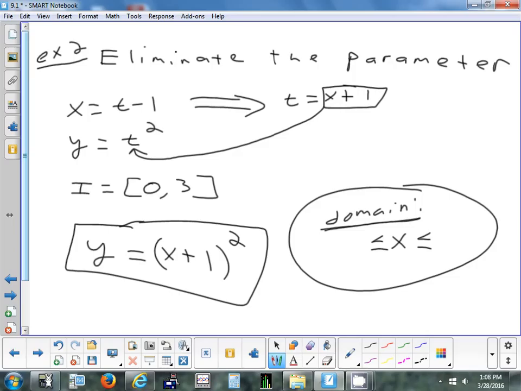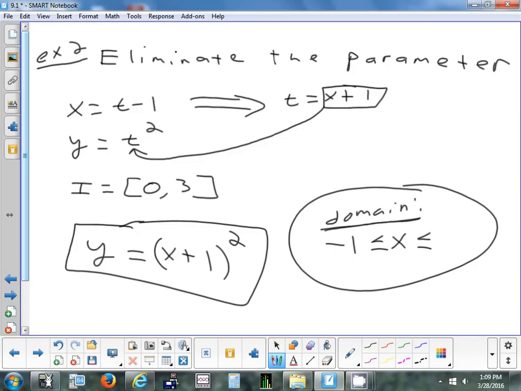Okay? I'm not asking you for the range here. I don't care how high and low this is going to go. I just want to know left to right. So what's going to be my starting value for my x coordinate? Okay, so take 0, plug it in for t, 0 minus 1. So that's as far to the left as we're going to go.